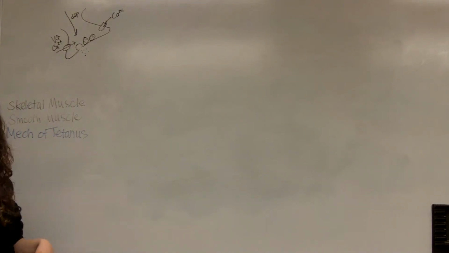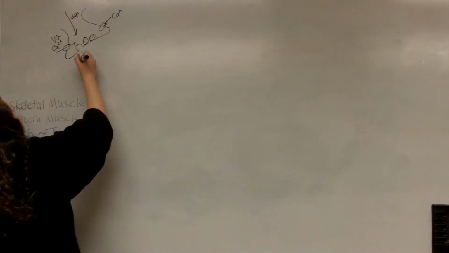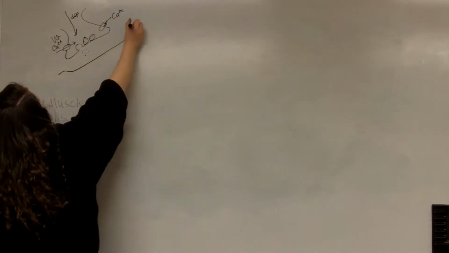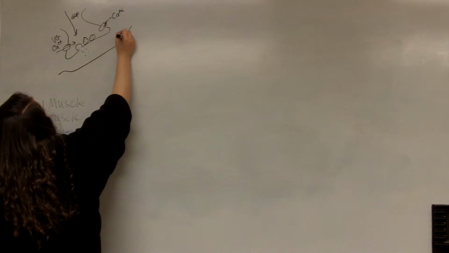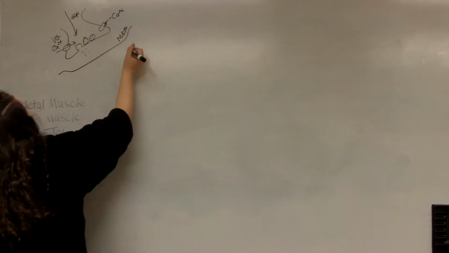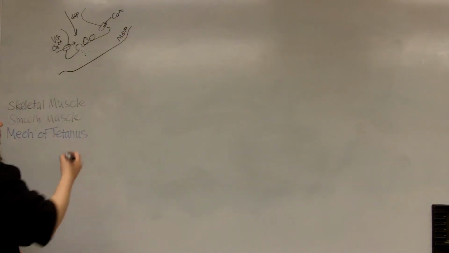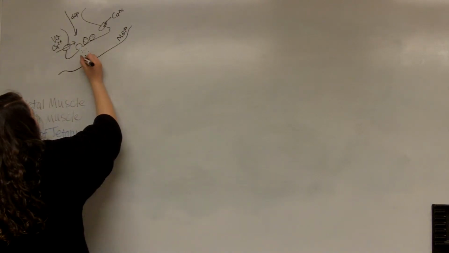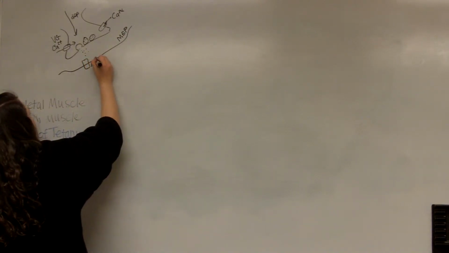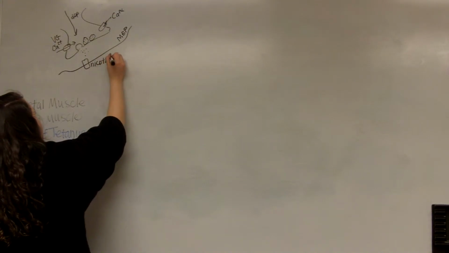Okay. Awesome. So this is your motor end plate on your muscle, and on the motor end plate you have nicotinic receptors.